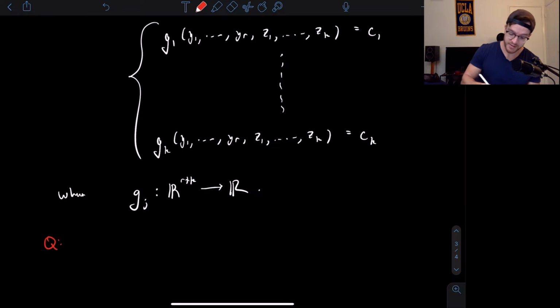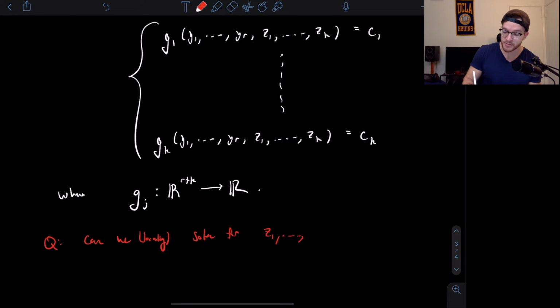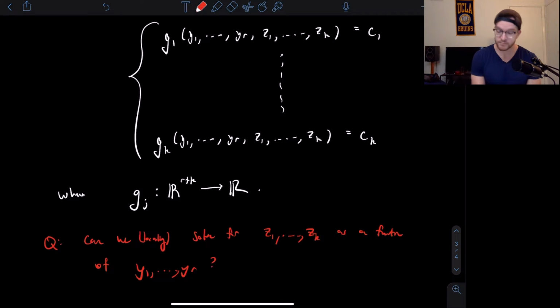So imprecisely, the question we want to answer is, can we locally solve for the z variables as a function of the y variables? That's exactly what we did with the circle example.